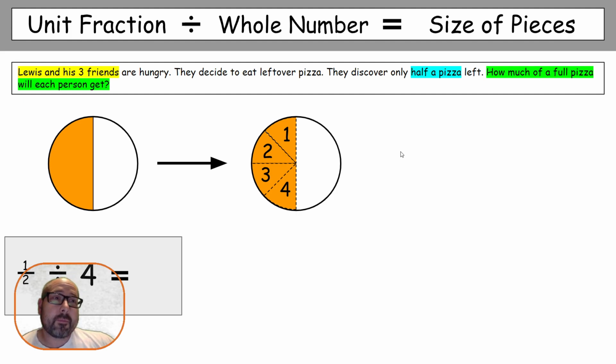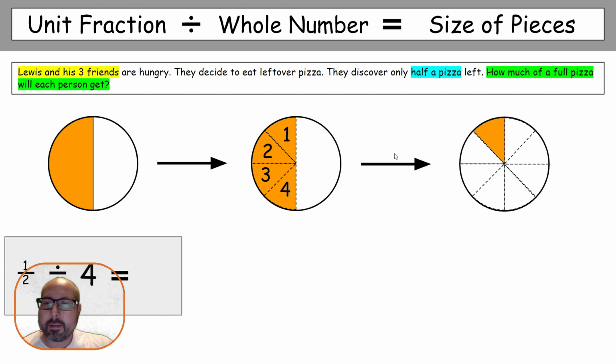Then, how do we get our answer? How much of a full pizza is each person going to get? Well, this picture here is going to represent what one person would get. Not necessarily what we have, but what one person. So this might be Lewis. Lewis is going to get 1 of these slices, and that's going to be 1/8 of a full pizza.